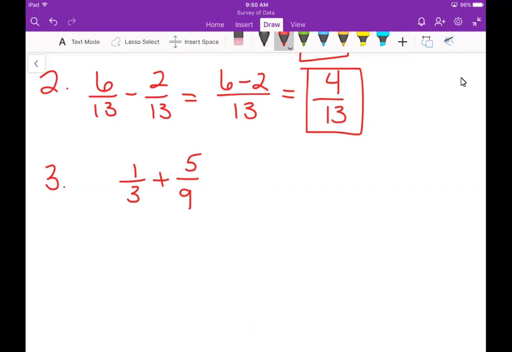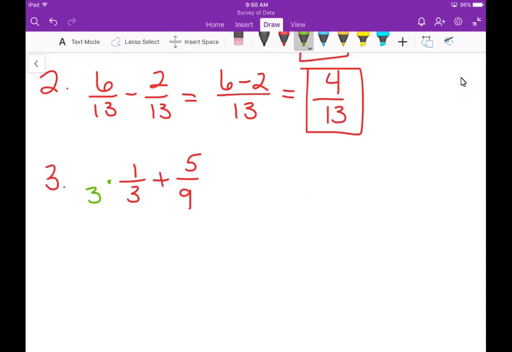Okay? So the way we're going to do this is to get the denominators to look the same by multiplying. So we look at the denominators and we say, can I get 3 to be 9 or 9 to be 3 by multiplying? And the answer here is that you can get 3 to be 9 by multiplying it by 3. So 3 times 3 would make that fraction have a denominator of 9.